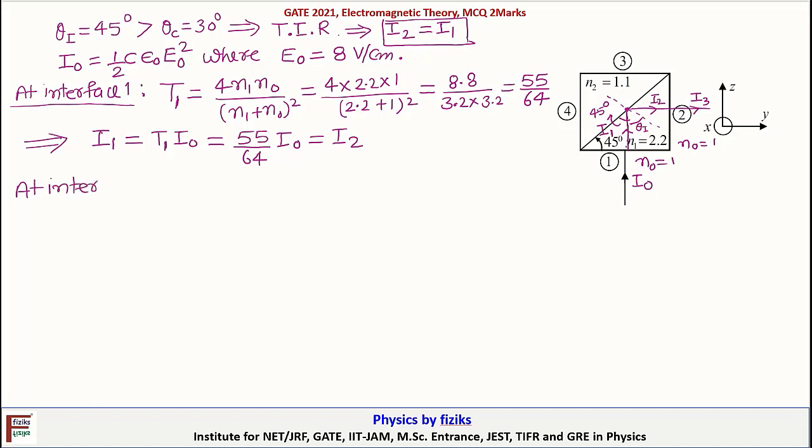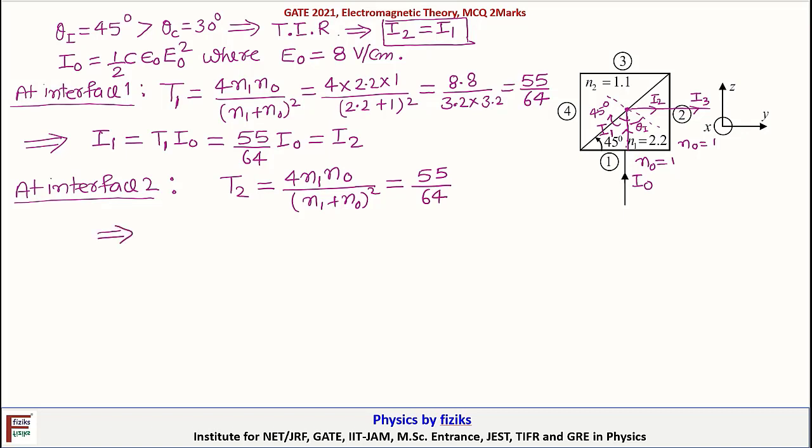Now at interface 2, again we have a normal incidence. So this T2 is given by, again you have to use the same relation, N1 N0 by N1 plus N0 whole square. N1 N0 is the same value, so if you calculate this, you will get the same 55 by 64.